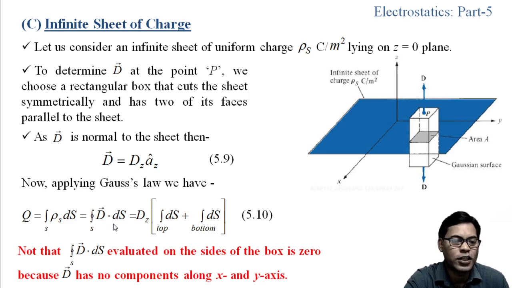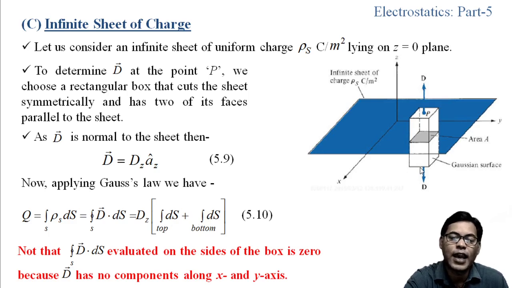So D dot dS gives D_z into dS. We have to consider only the top surface and the bottom surface. That is why it is the surface integral over the top surface of dS plus the bottom surface integral of dS.